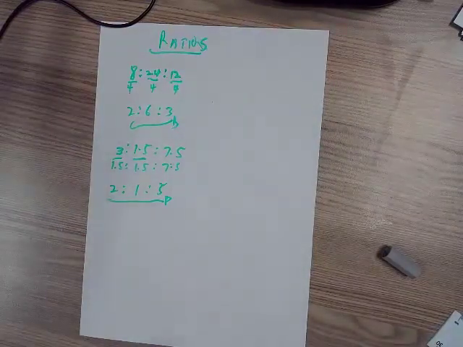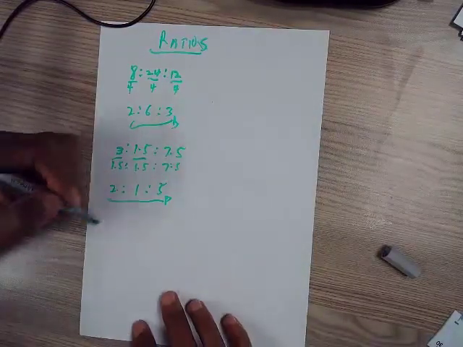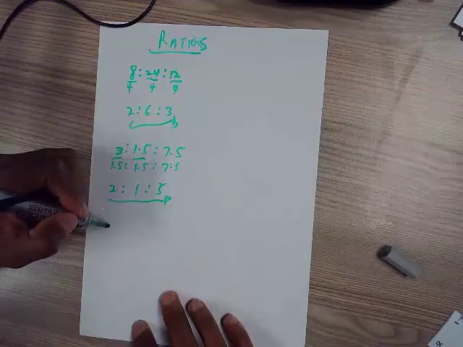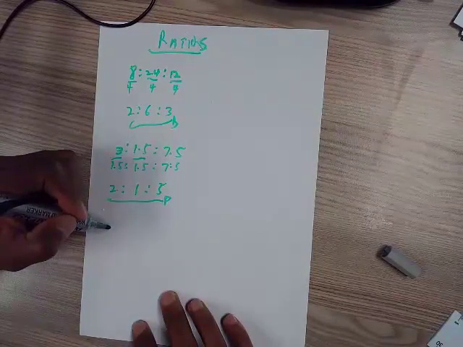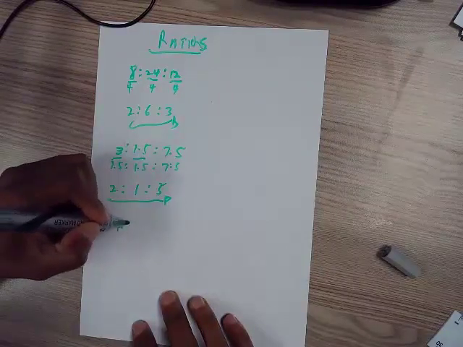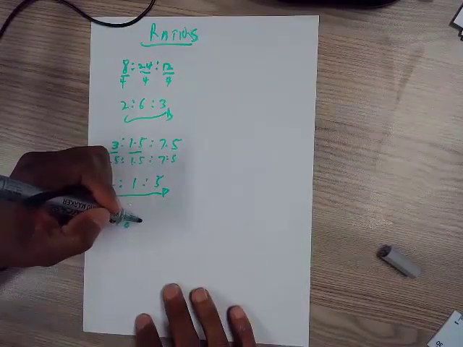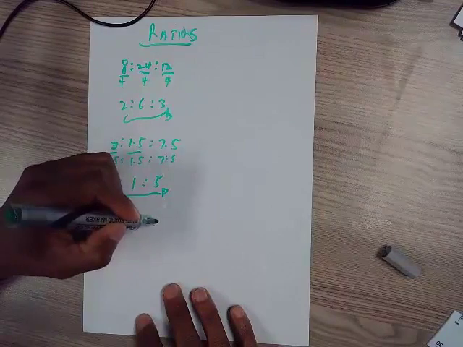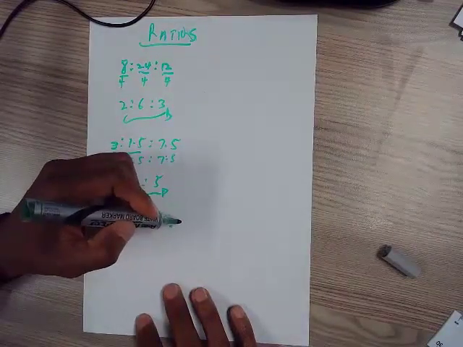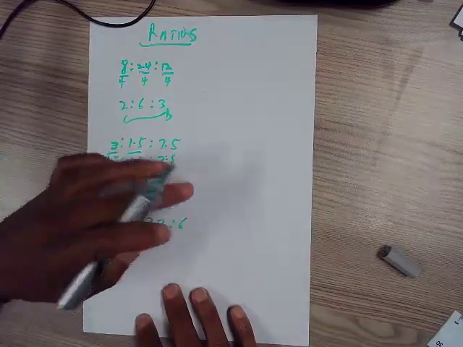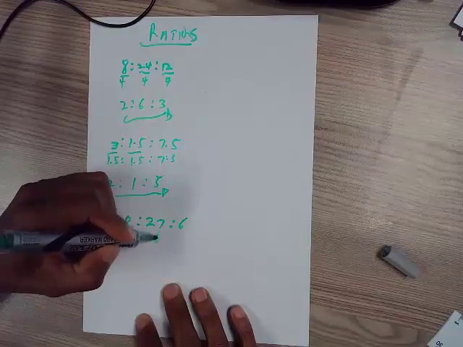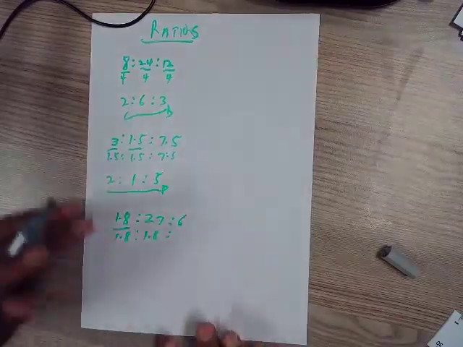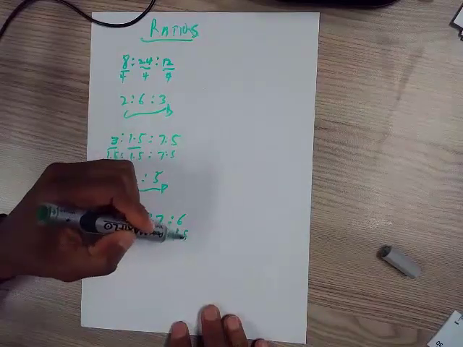But sometimes you'll find that you have a question like 1.8 is to 27 is to 6. So if you divide with the lowest number, I just want you to see this trick here.